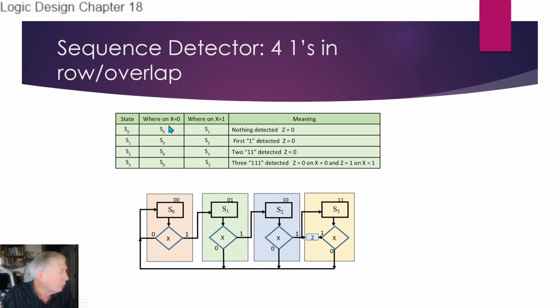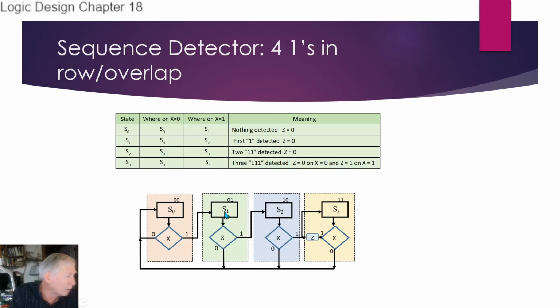In S0, we're going to stay in S0 on X equals 0, and on X equals 1 we go to S1. From S1 we'll go back to S0 on a 0 and to S2 on a 1. From S2 we'll go back to S0 on a 0 and to S3 on a 1. And from S3 we'll go back to S0 on a 0, and we'll stay in S3 on a 1, but we will output Z equals 1 at that point.